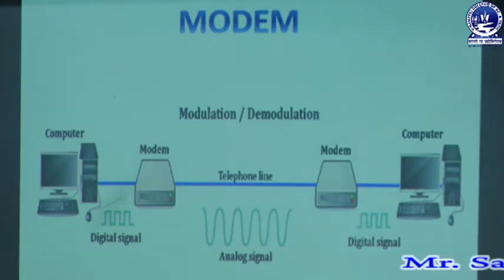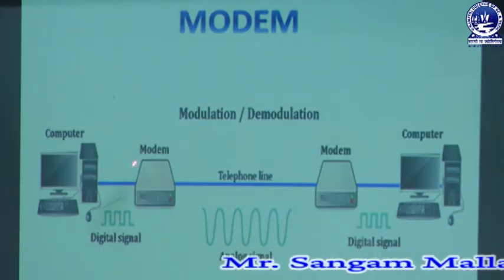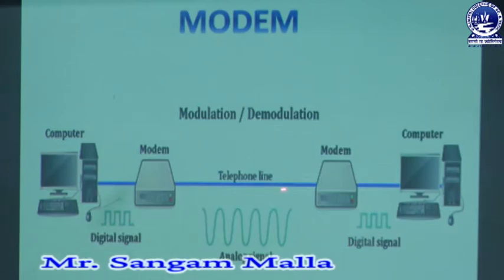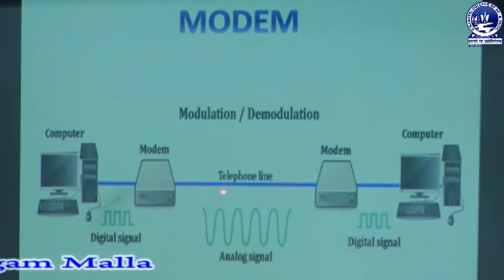As these two systems are digital in nature, they must send and receive the signals in digital form. That's why the modems are connected, because the telephone lines, or the lines through which the data will be transmitted, are always analog in nature, since analog has the nature of transmitting the signal safely to far away distances. That's why the medium used for transmitting is always analog, but in today's generation all the working devices are digital in nature.